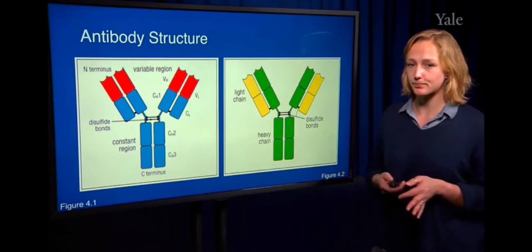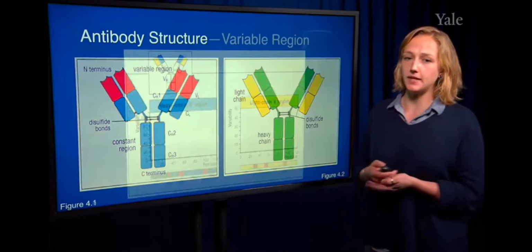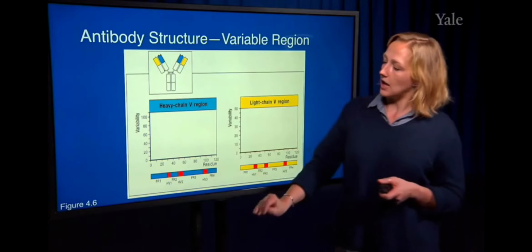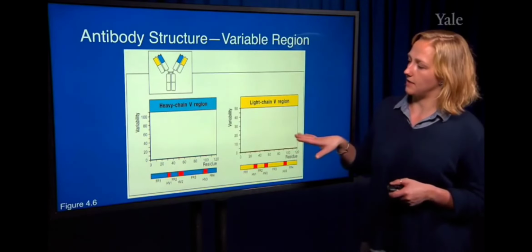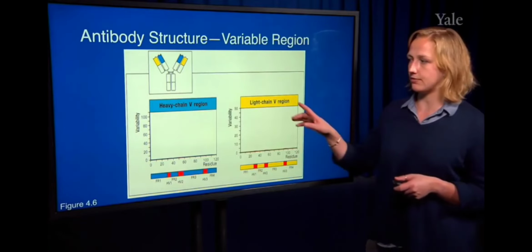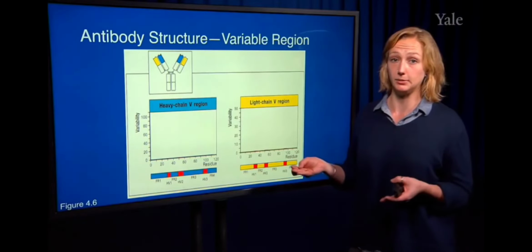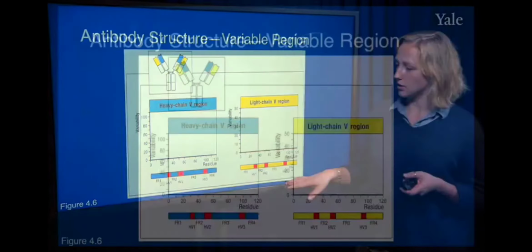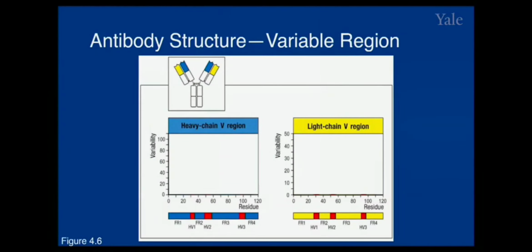If we dive into this variable region of the antibody seen here, and we look at the heavy chain and the light chain regions, where V signals for variable region, we see that they are structured with a combination of framework and hypervariable regions.